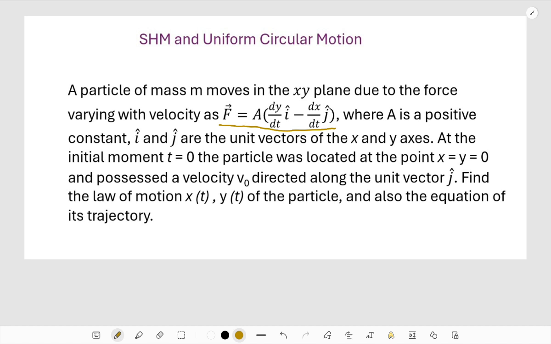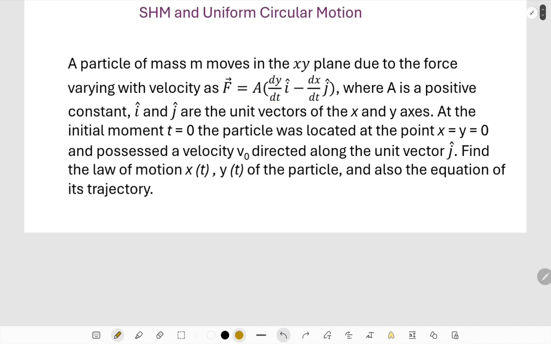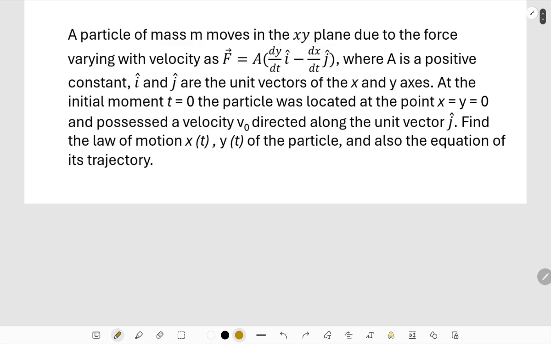So there is nothing to do in such kinds of problems rather than getting started. Since the force is given, I would like to write the x component of the force, the projection of force along the x-axis, and that is simply a dy by dt.